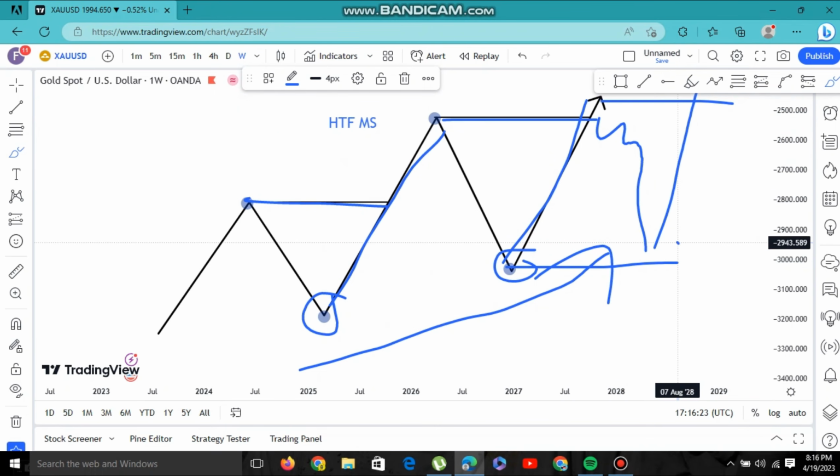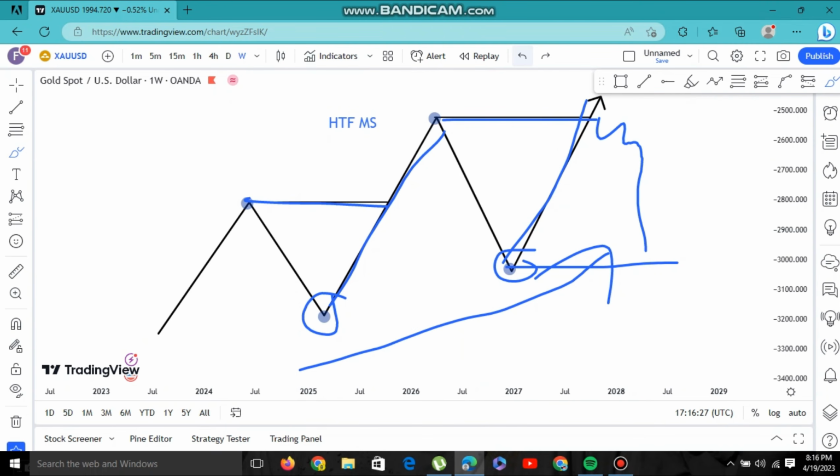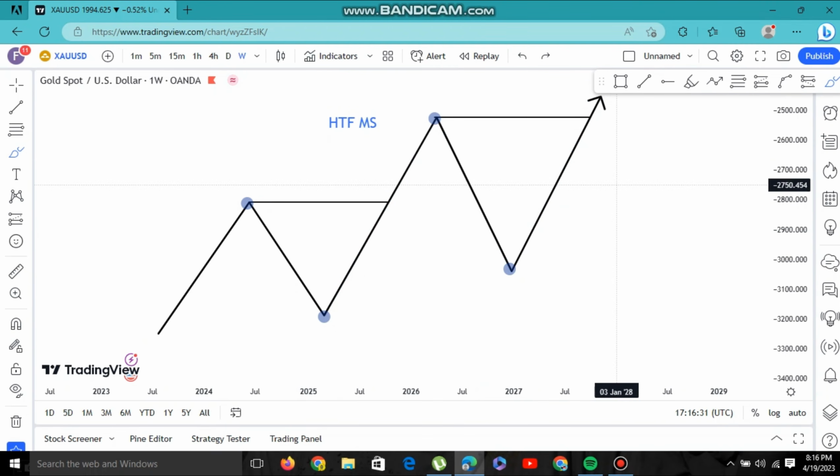But how are we going to get this low? So we are going through these concepts of how we can get this next impulsive move. Today we are looking at the basic market structure, and we are going to add in another market structure.